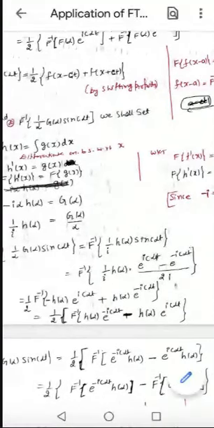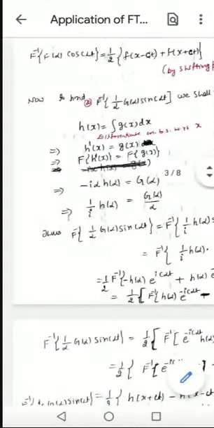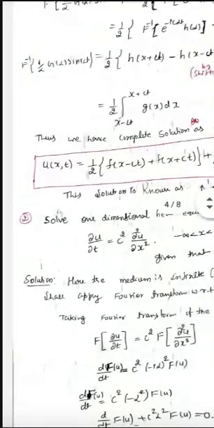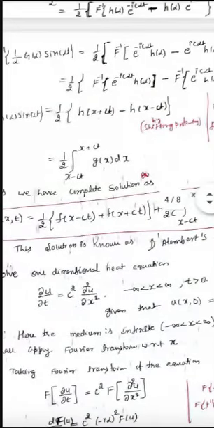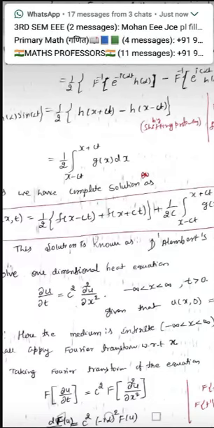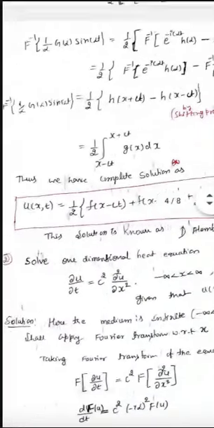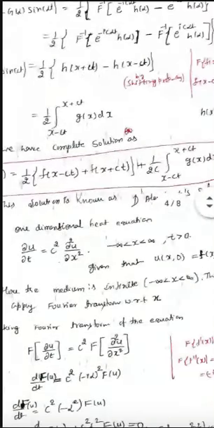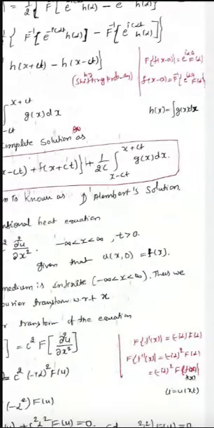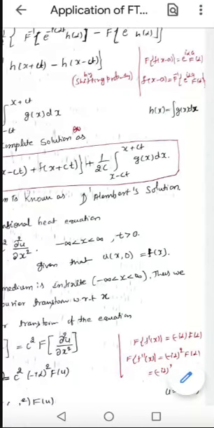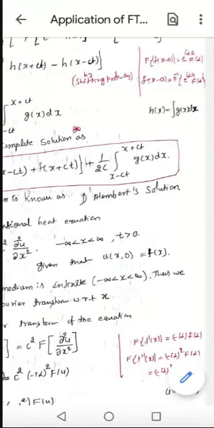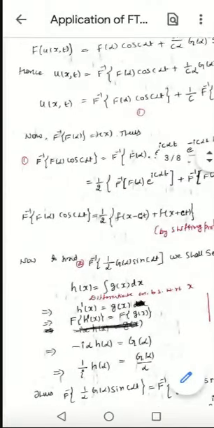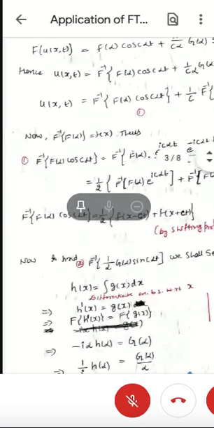So finally we get u of x comma t, that is 1 by 2 f of x minus ct plus f of x plus ct, it is 1 by 2c integration from x minus ct to x plus ct g of x dx. Okay, so this is how we can do it for finding u of x comma t.